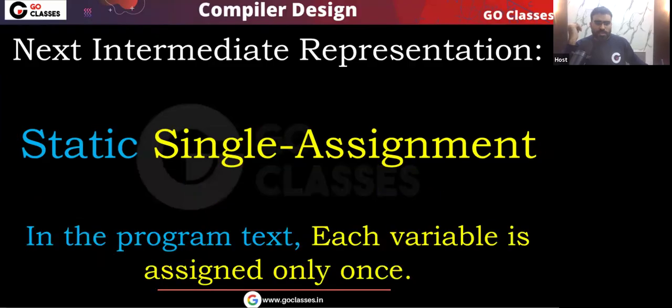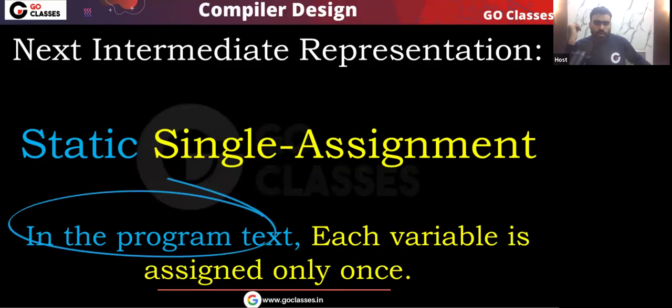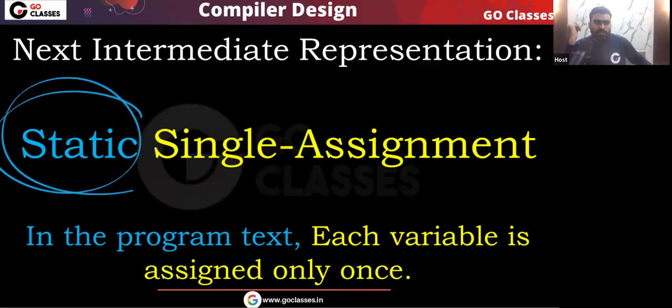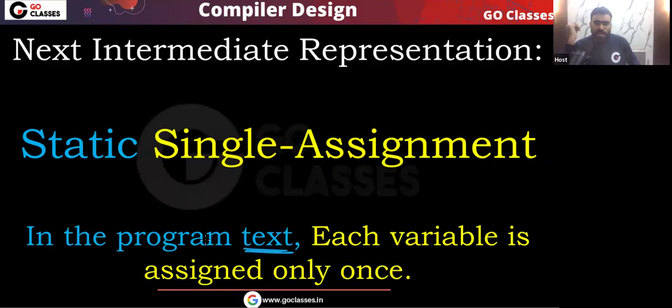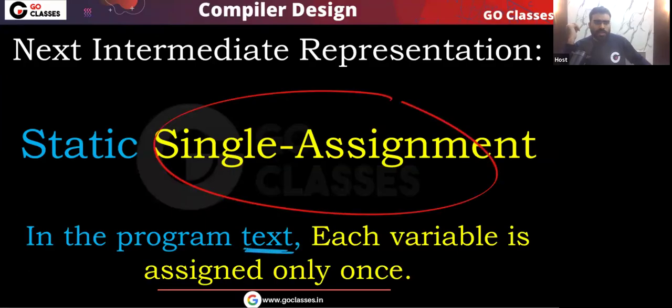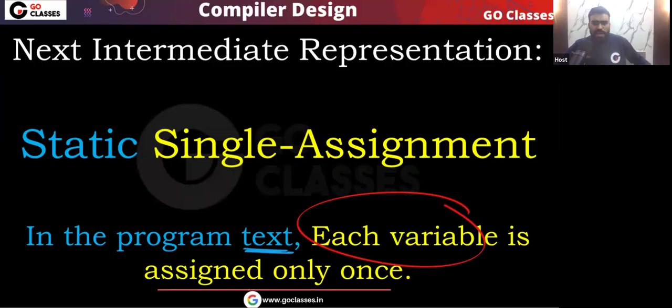Static means in the program text, and single assignment means each variable is assigned only once.